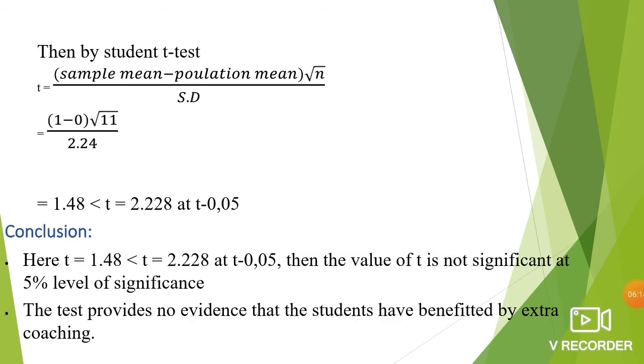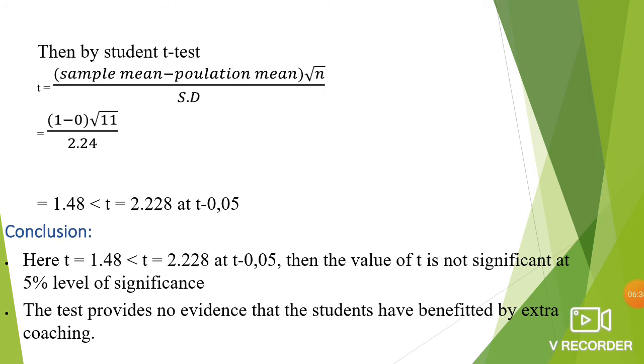So what is the conclusion? Since it is less than 2.228, the value of t is not significant at 5% level of significance. The test provides no evidence that the students have benefited by extra coaching.